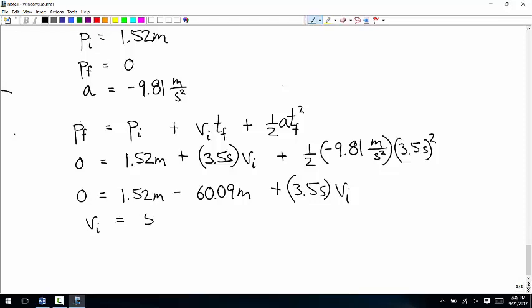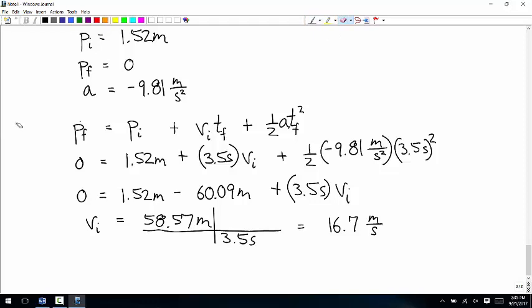But I don't remember what I said now because I got so excited. 58.57 meters divided by 3.5 seconds. And what's that? 15.7 meters per second.